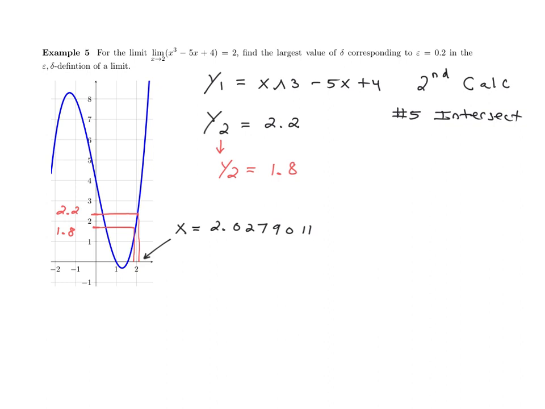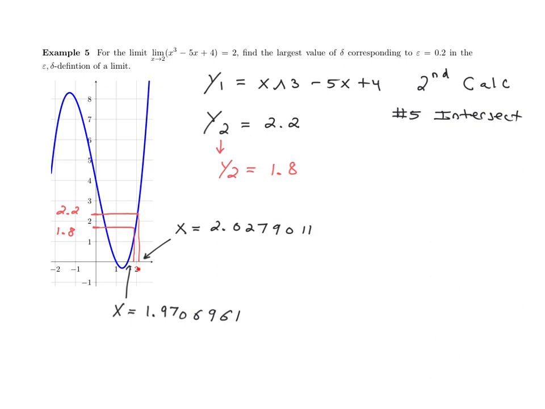I move the point over to the intersection point, and it says first curve, so you hit enter. Second curve, I hit enter. Guess, I hit enter again. And for this one, it gives me an approximation of x is equal to 1.9706961. This will help us find our delta.